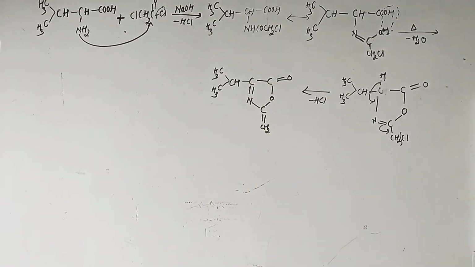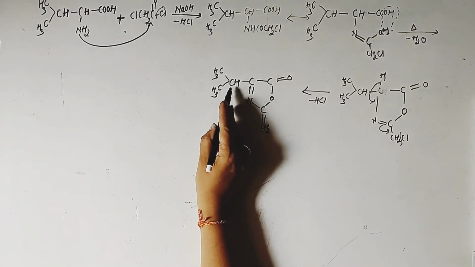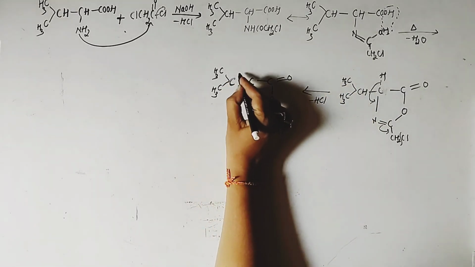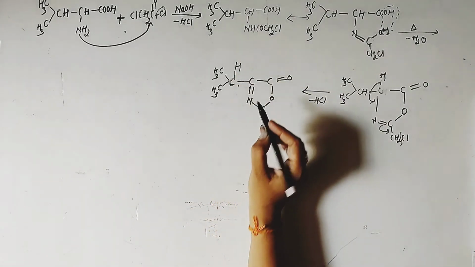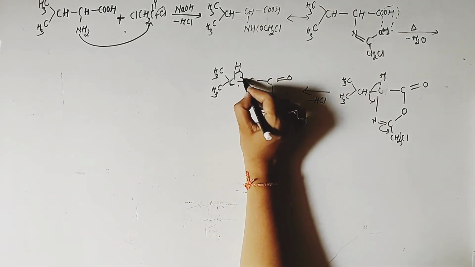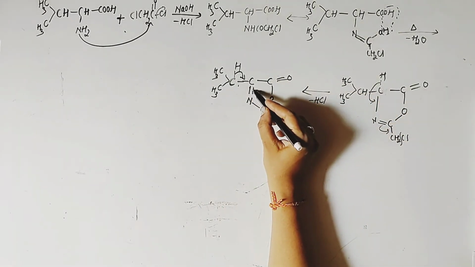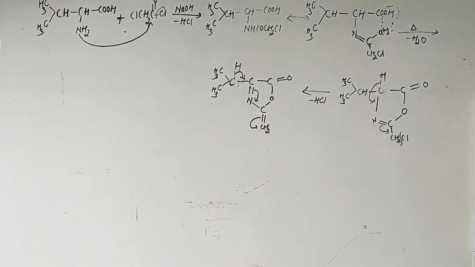This is once again an unstable intermediate product, and it will also undergo a rearrangement reaction. In this position we have one more hydrogen, and it will donate its electron towards this cycle. As a result, this bond will shift here, this pi bond breaks and the electrons will shift here.